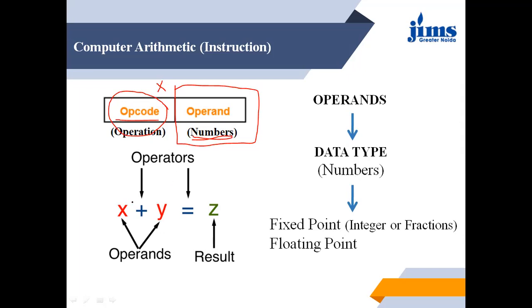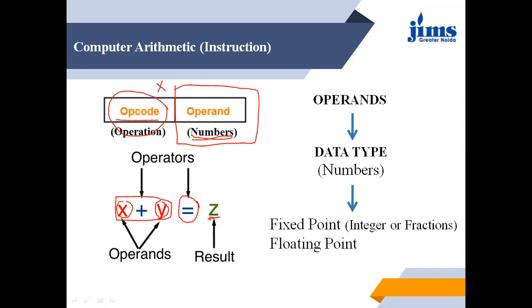If we see over here, there are two operands x and y, and we are performing an operation, that is the addition operation, and putting the final result, that is the addition of x and y, into an operand z. So this is another operator, the assignment operator.